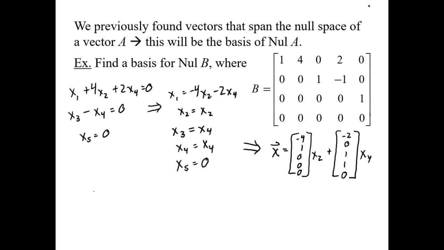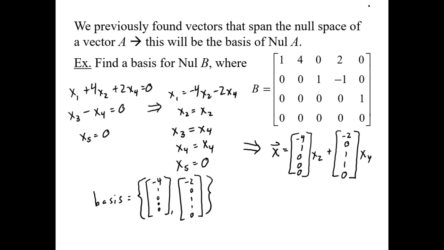And so the basis that I'm looking for is the vectors whose span is being described here. So that would be those vectors, negative 4, 1, 0, 0, 0, and negative 2, 0, 1, 1, 0. So those two vectors form the basis for the null space. Of course, this was an easy example because it's already in reduced echelon form, but yeah, we got that.